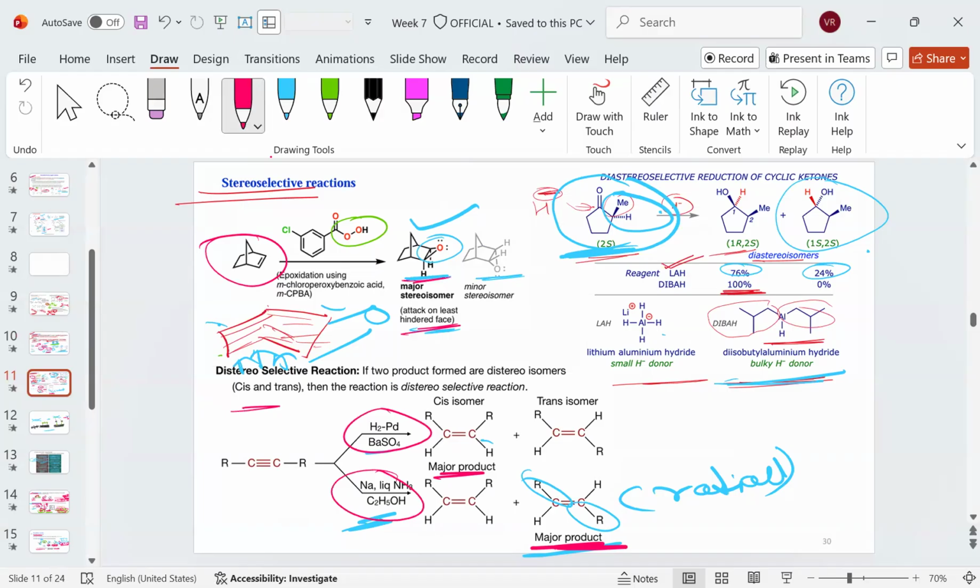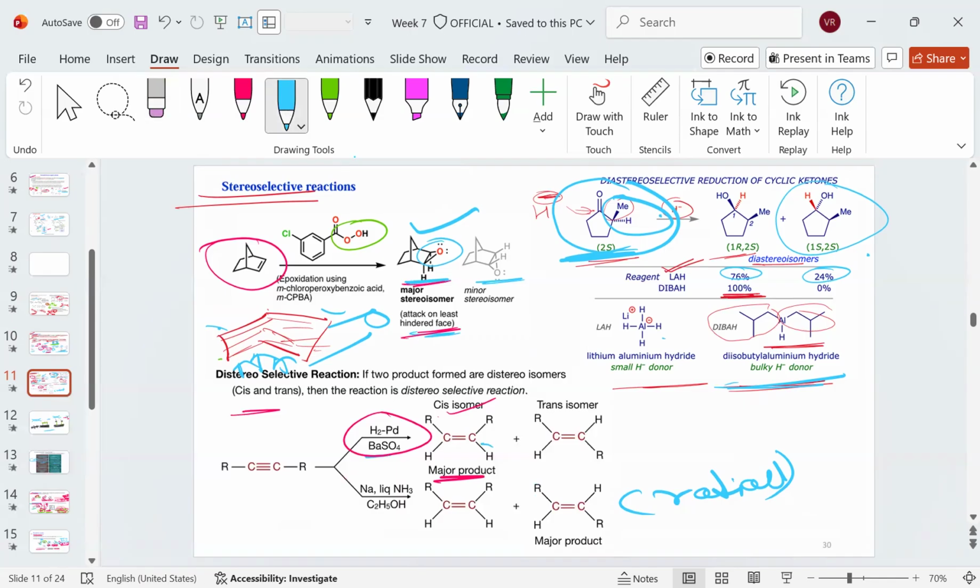When we use metal-based hydrogenation, we get the syn, or cis, product as the major product. But when we use sodium metal in liquid ammonia, the reaction goes by a radical pathway, and therefore we get the trans product as the major product.